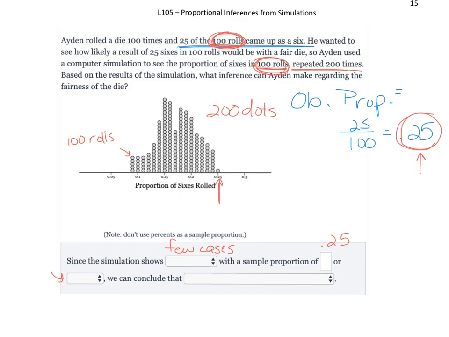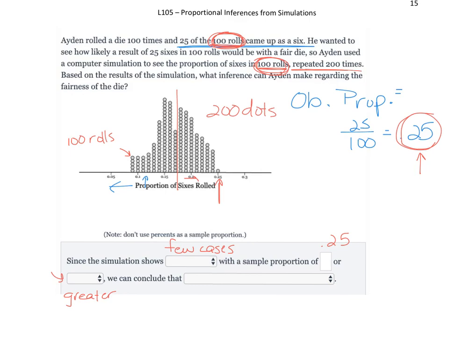Now this part's kind of new. We're actually going to look in what's called the tail. So if we're on this side of the data, we're going to say greater. And if we were comparing something like maybe we got 0.12, we would say or less. So we're going to a side.